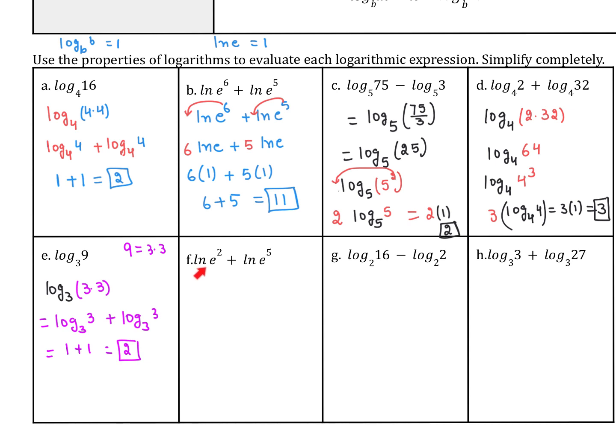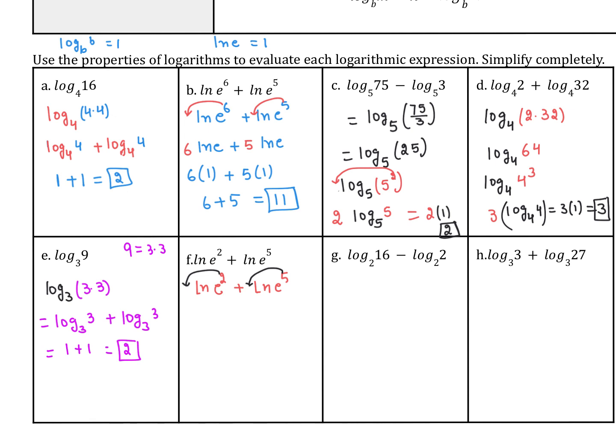The next question is a logarithm, that is ln. Ln means natural log, which means the base of ln is always e. So I'm going to rewrite this as ln e to the power 2, ln e to the power 5. Now we are going to apply the power property, which means that you're going to bring the 2 down in the front and the 5 down in the front.